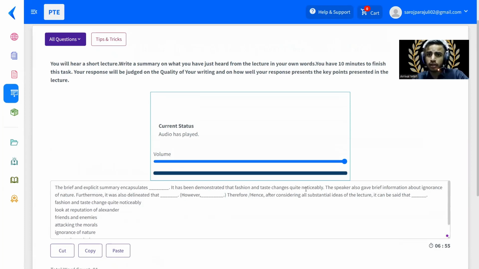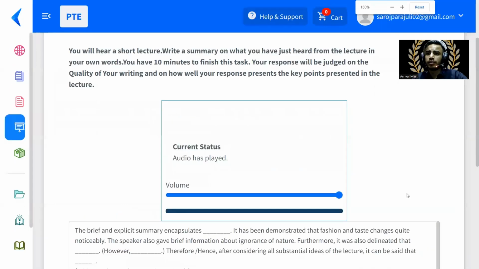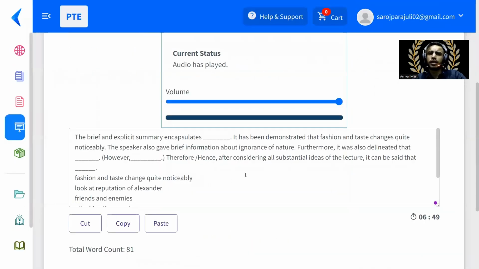Okay, fashion and taste change quite noticeably. The speaker also gave brief information about ignorance of nature.